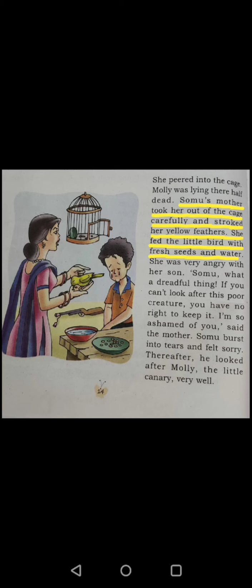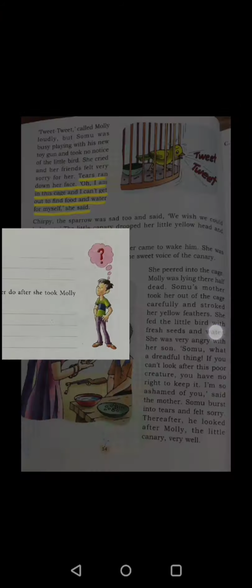Stroke means to touch gently. She fed the little bird with fresh seeds and water. So, you will write, Somu's mother took Molly out of the cage carefully and stroked her yellow feathers. She fed the little bird with fresh seeds and water.